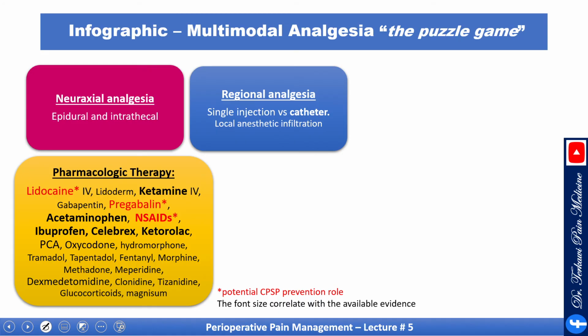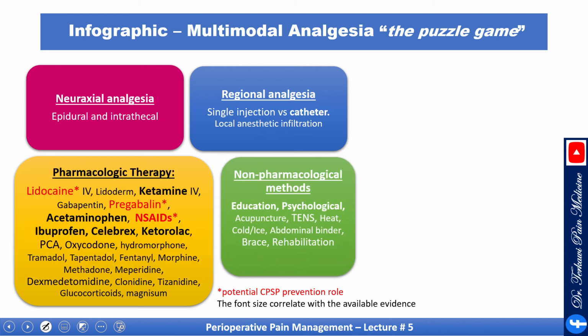And then you have the non-pharmacological methods, which are very important: education, psychological support, acupuncture, as I mentioned, there is not much evidence there, the TENS unit, transcutaneous electrical stimulation, heat, cold or ice, abdominal binder, knee brace, and rehabilitation.